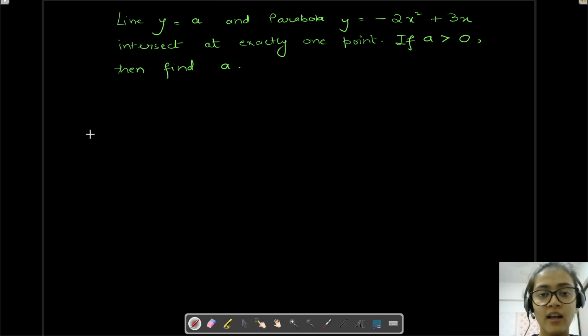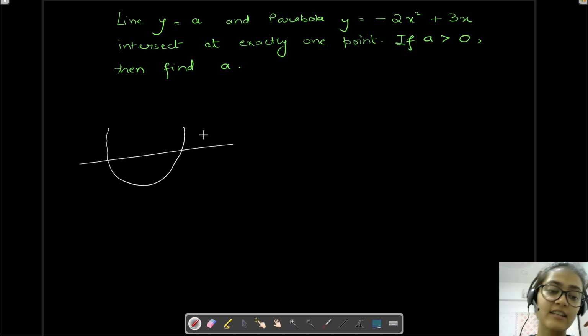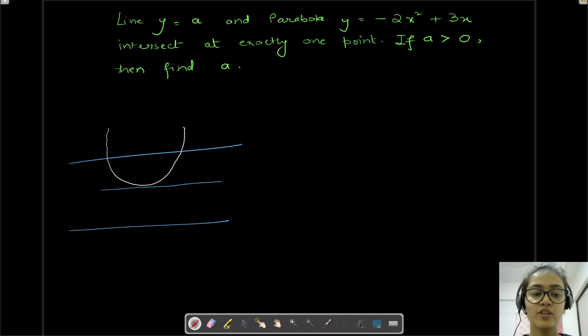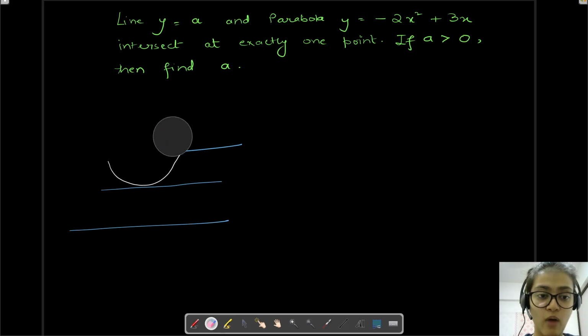Again, you can have 3 possibilities. If this is a parabola, a line can intersect like this, with 2 points of intersection. Then similarly, a line can touch like this, and a line can be like this. So this second case is where the line is intersecting the parabola at exactly 1 point.